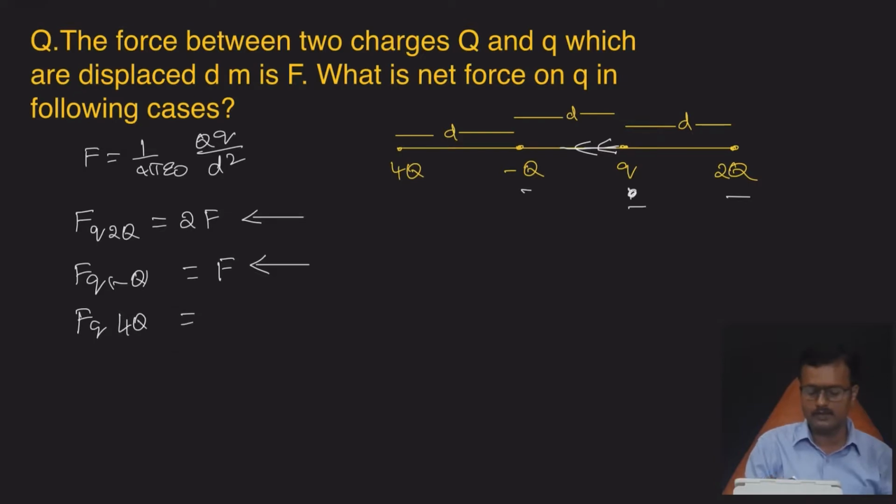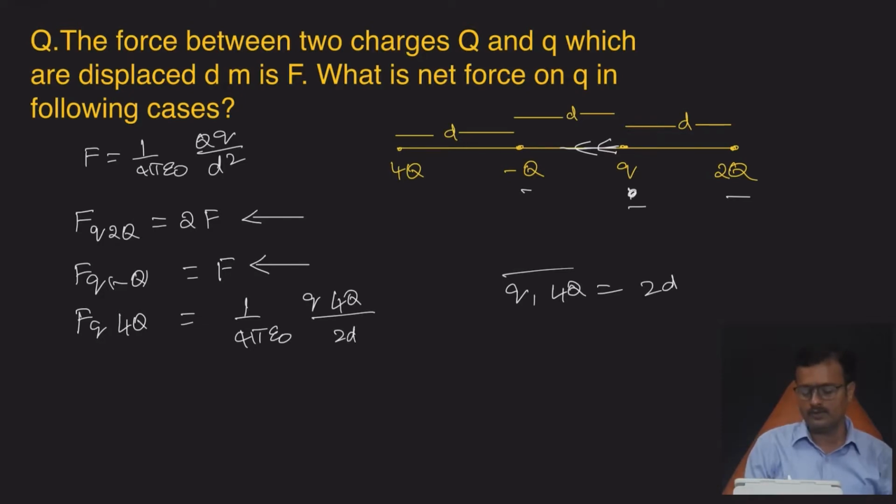Next, force on small q by 4Q. That is 1 by 4 pi epsilon naught q1 q2 by, so what is the distance between q and 4Q? See here, the total distance from q to 4Q is d plus d, that is 2d.